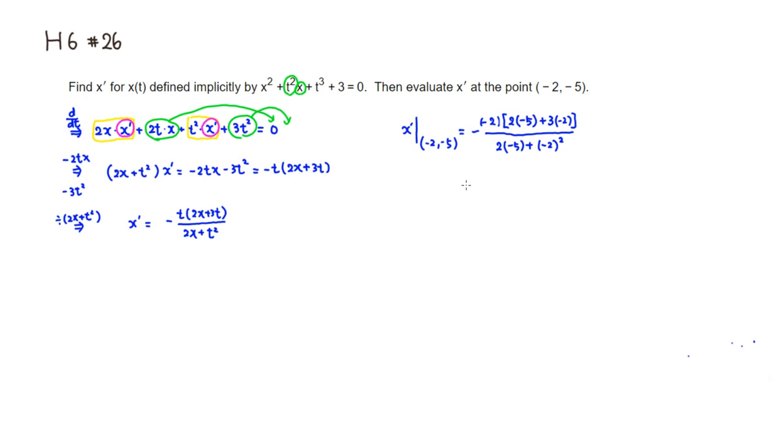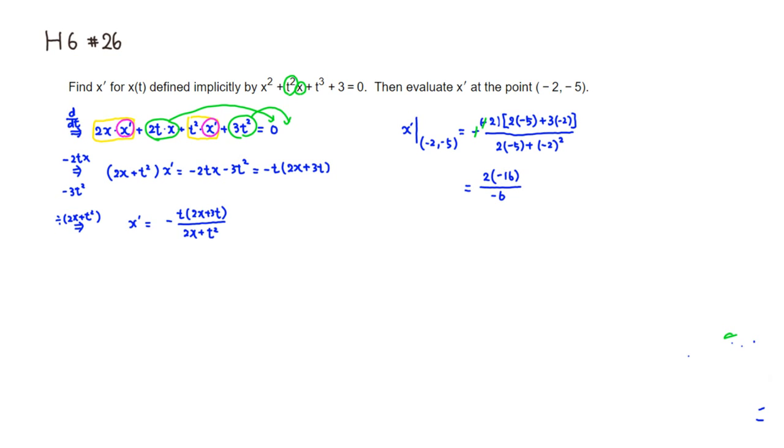So this is going to be equal to, we can just simplify. There's a negative sign and a negative sign, so that's going to be a positive sign there. You're going to get 2 times, so this is -10 minus 6, which is -16, over, again, -10 plus 4, which is -6.